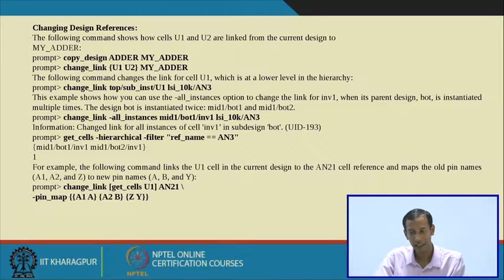Then another example: how you can use the -all_instances option for changing the link for an inverter INV1 when its parent design BOT is instantiated multiple times. The design BOT is instantiated twice, as MID1/BOT1 and MID1/BOT2.